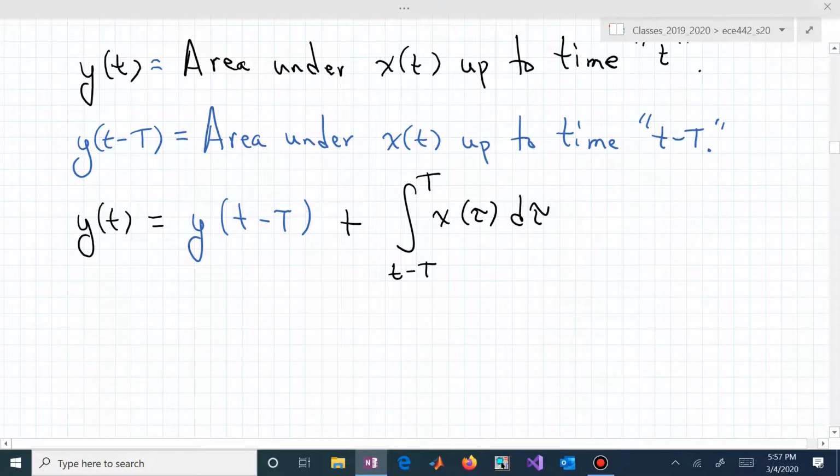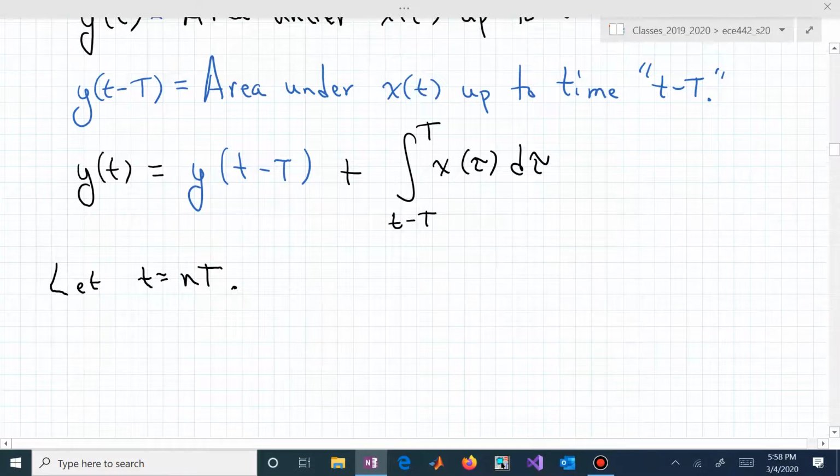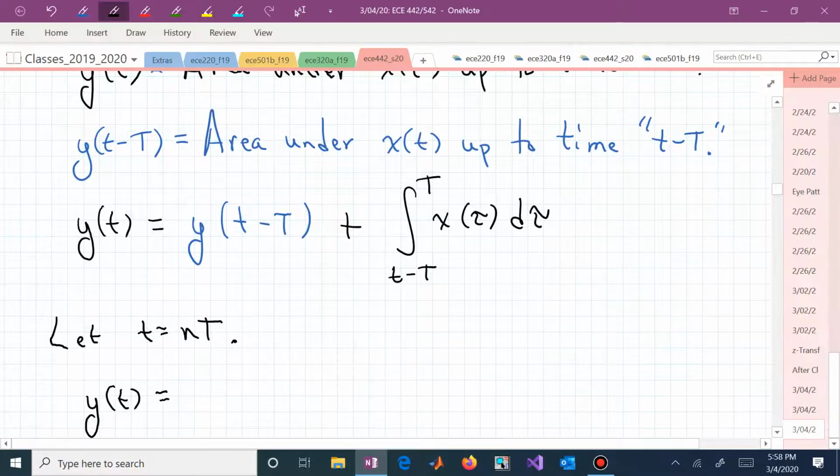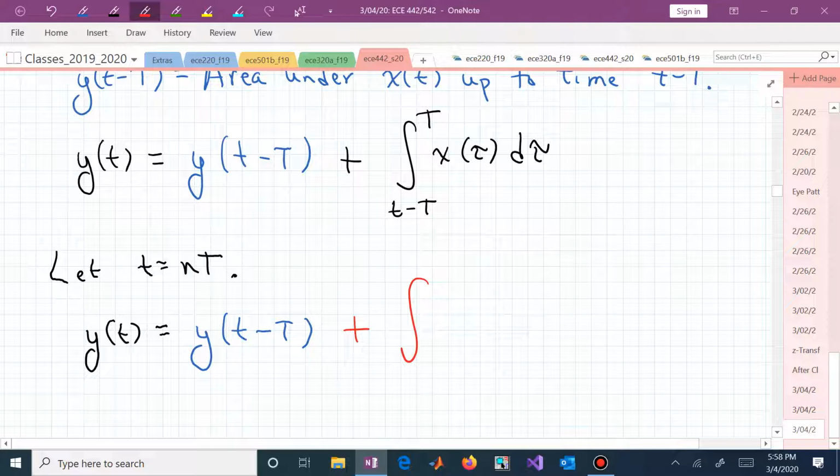And we're now letting t equal nT as we discretize it, so that now we are going to have y of t is equal to y of t minus capital T plus, and let me make this even more clear, plus the integral, capital T becomes nT.